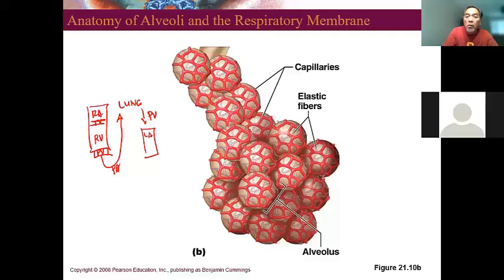So the color represents that vessel. Remember, the pulmonary artery is unoxygenated. So that is actually the vessel that's bluish. This is going to be your pulmonary artery. Okay, now it's going to be the capillary. Now the reddish vessel that you see here is oxygenated, and that's going to be your pulmonary vein.